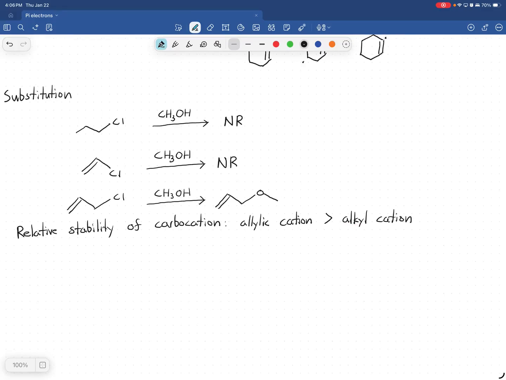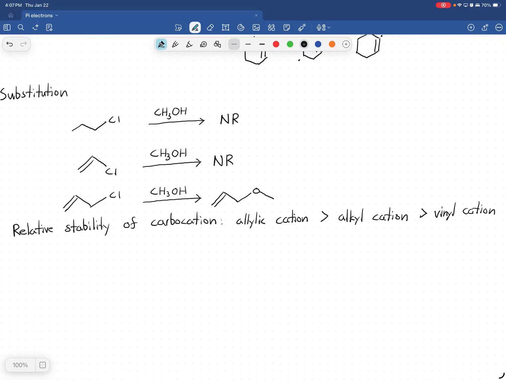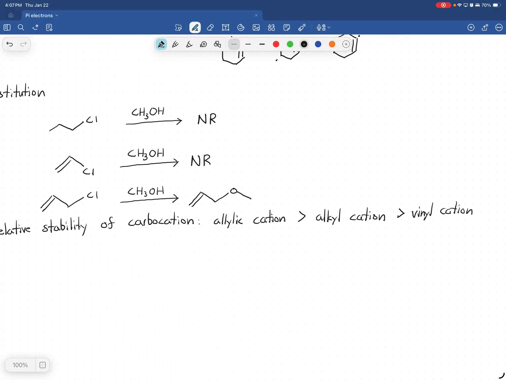And that is much more stable than a vinyl cation. Because remember, in alkyl groups, when we had SN1 type conditions, carbocations are favored by increasing substitution around the carbocation. Well, that's not really the case for vinyl, as we saw last chapter. So this is the order of stability here, based on what we've seen.